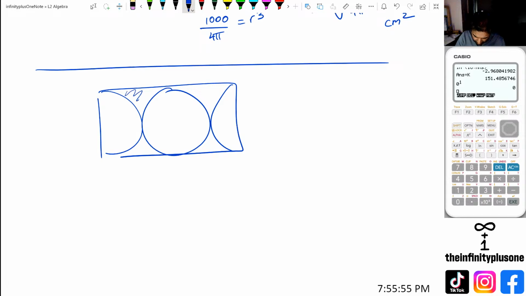Area of circle, shaded region is 10 centimeters squared. What is the length of the rectangle? So, is that 2 semicircles, that one?